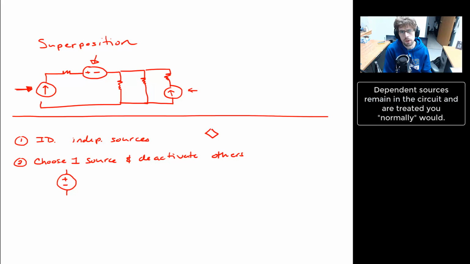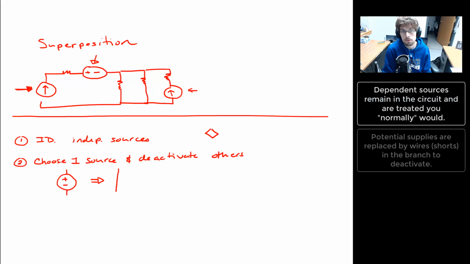Well, how do we do that conceptually? We replace the potential supply with an equipotential. In other words, rather than having a potential supply in a branch, you replace it with an equipotential, a perfect wire. So to deactivate a potential supply, just put an equipotential in, a wire.